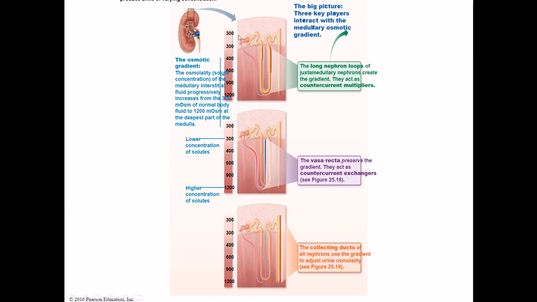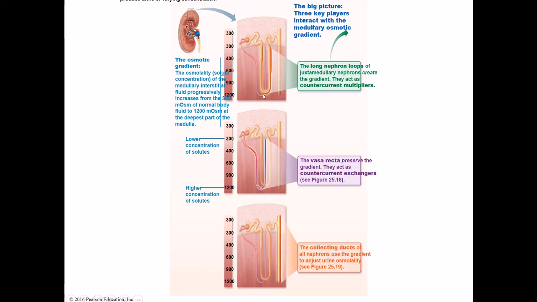So here we are in the interstitial fluid in the kidney. Here's our cortex, here's the medulla. You can see much lower concentration in the cortex than deeper down here in the medulla. The juxtamedullary nephrons have these very, very long loops of Henle, not Henry, and they are countercurrent multipliers.